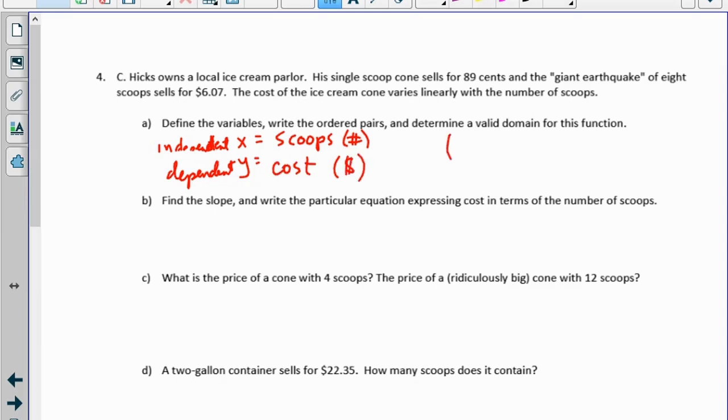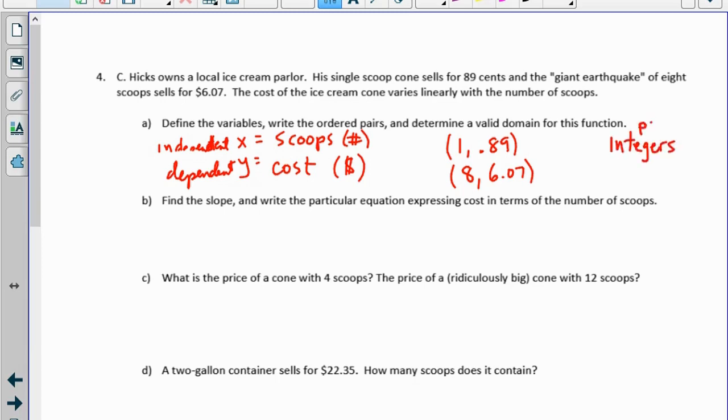So the points in this problem are 1 scoop and 89 cents. And then I have an 8 scoop earthquake for $6.07. So those are the 2 points I have. The valid domain for this problem is going to be the integers.